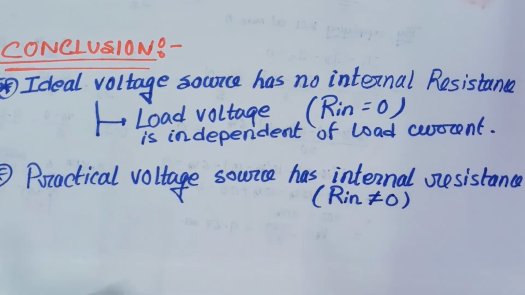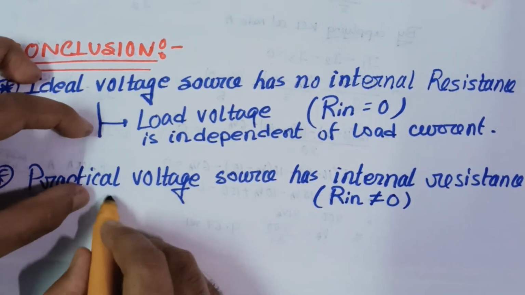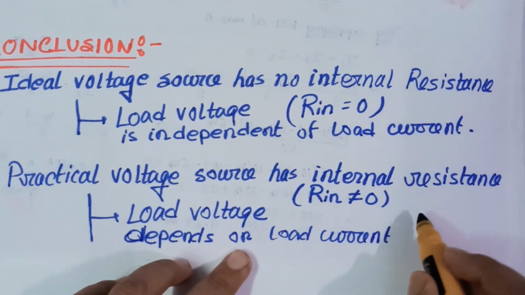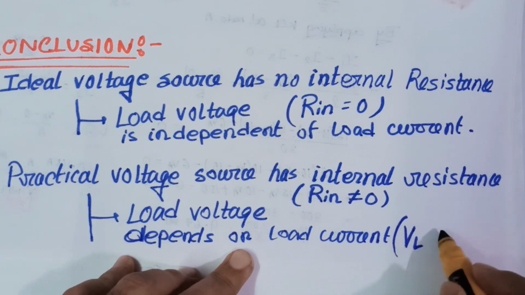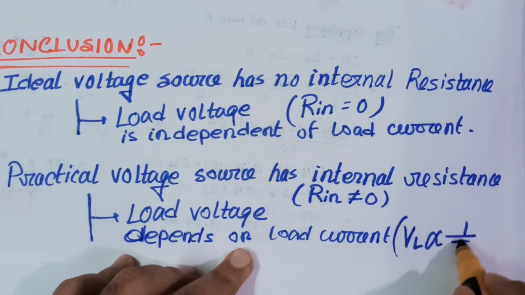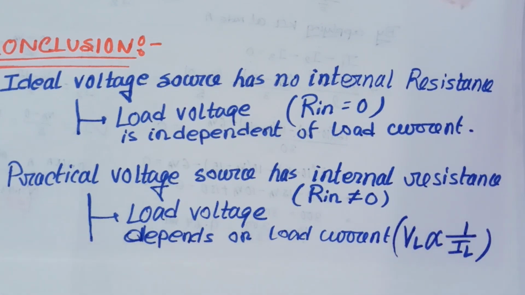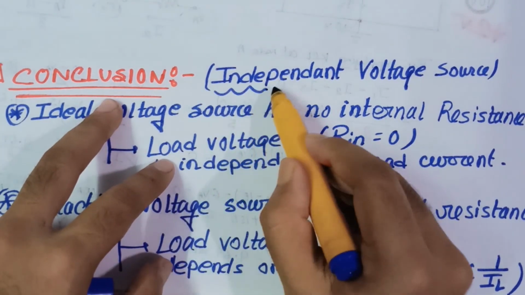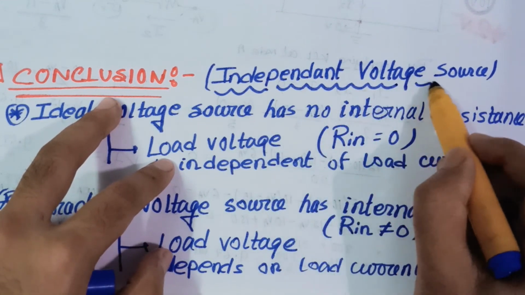Now, a practical voltage source has some internal resistance, which means Rin not equal to 0, and the load voltage depends on the load current. And what is the relation? The load voltage is inversely proportional to the load current.